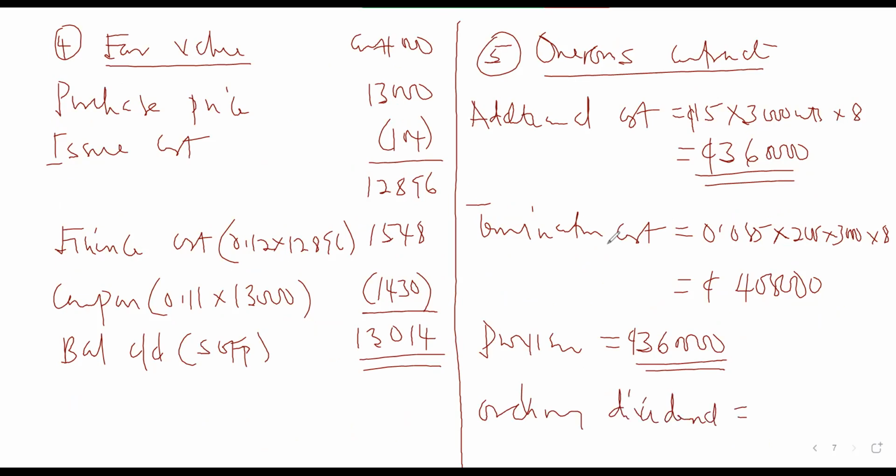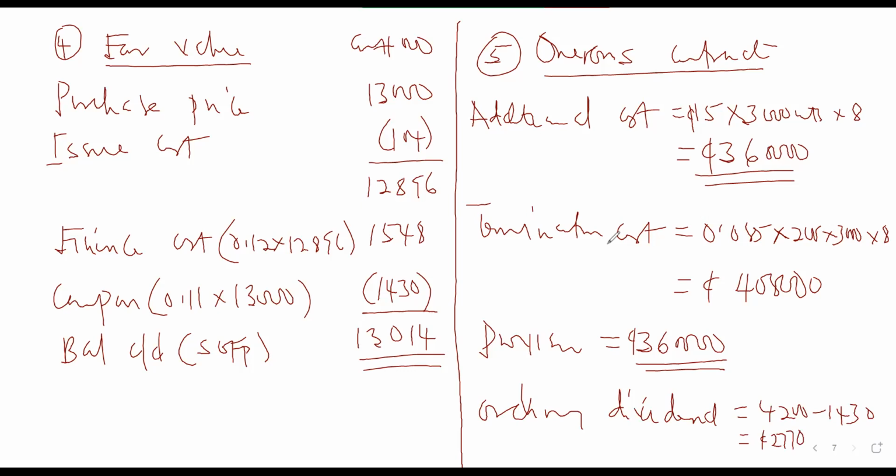The ordinary dividends will be 4,200 minus 1,430. How much are we getting? I'm getting 2,770.